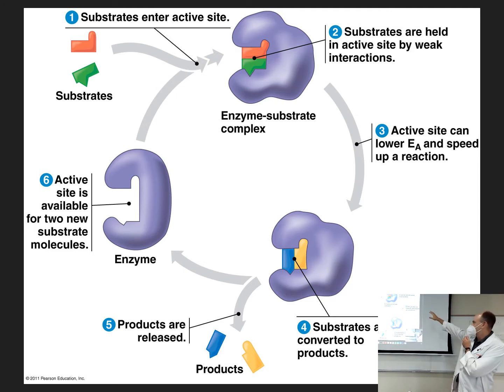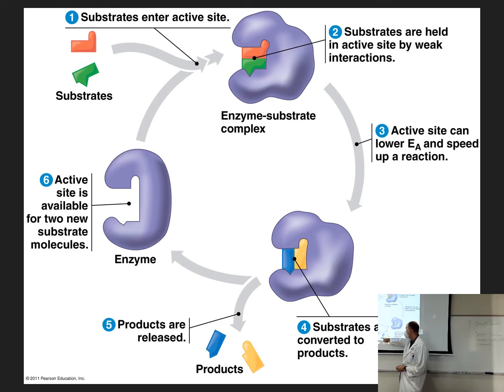They dock to the active site, forming the enzyme substrate complex. Now they dock, and the enzyme probably changes shape, and they're brought together at just the right angle for the reaction to take place. So that's what this says. Activation energy is lowered, basically, so the reaction speeds up because there's not as much energy needed to make it happen. Then substrates are converted to products.